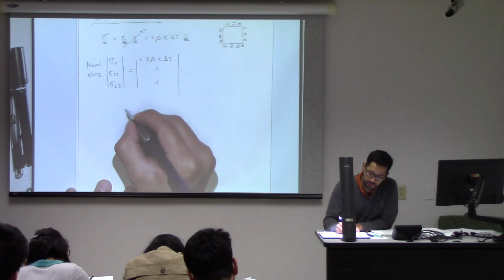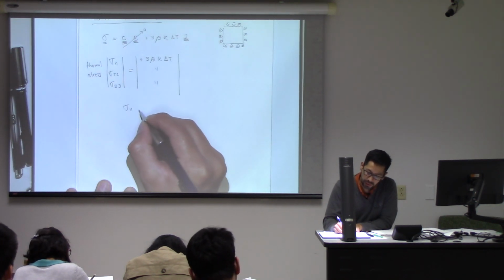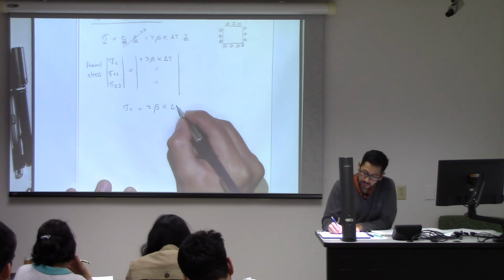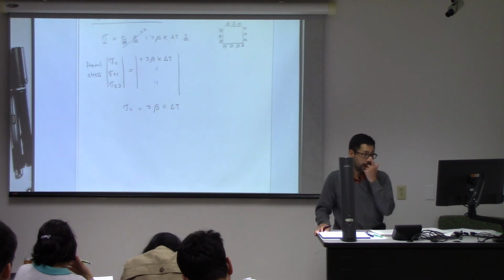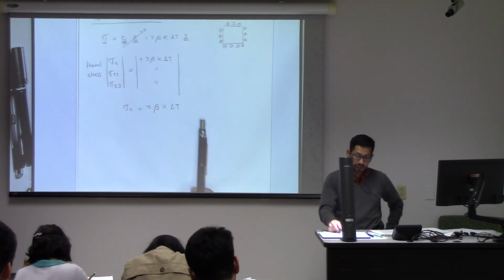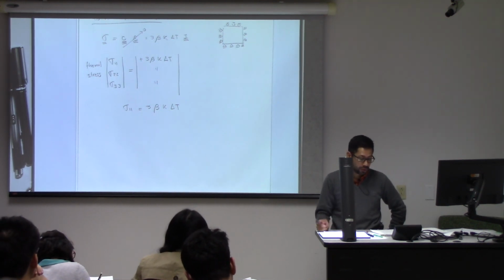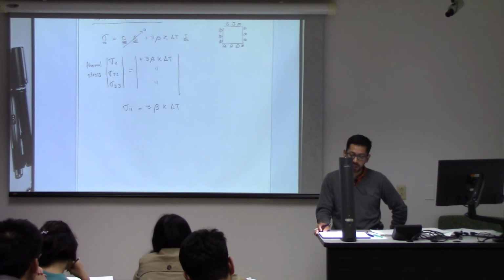So for the same exercise that we did before, let's try to calculate what is going to be the change of stress that we could produce by applying a change of temperature.